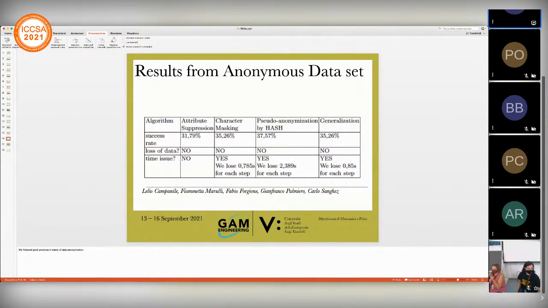As you can see, I put the results in this slide. The best result in terms of prediction of anomalies we had by using pseudo-anonymization, and the worst prediction we had here.